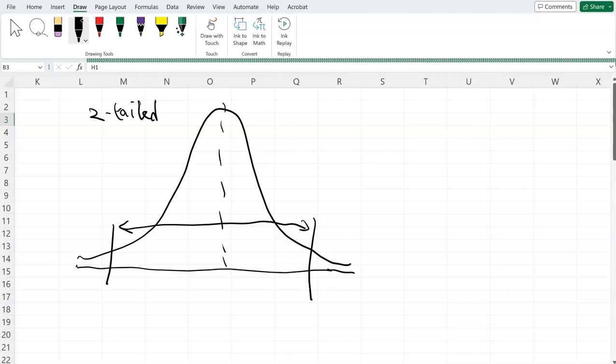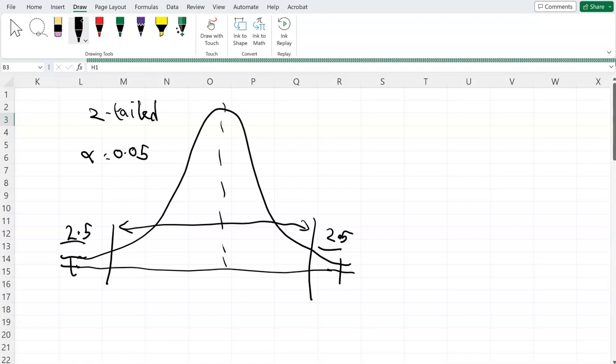Let's say we were doing an alpha of 0.05, then we would allocate 2.5% on each side of the distribution, and hence the name two-tailed test. That means if our values fell in either of those two tails, then we would reject the null.